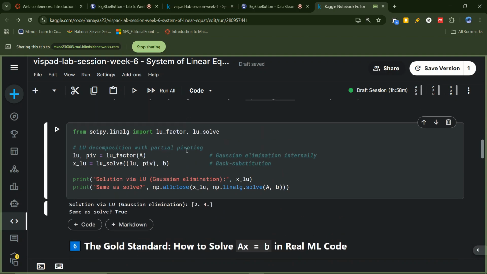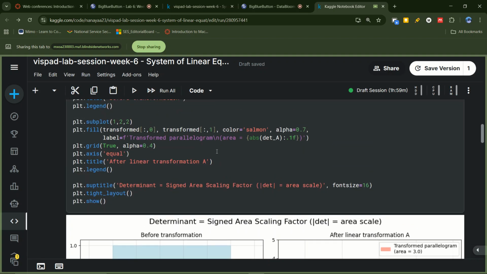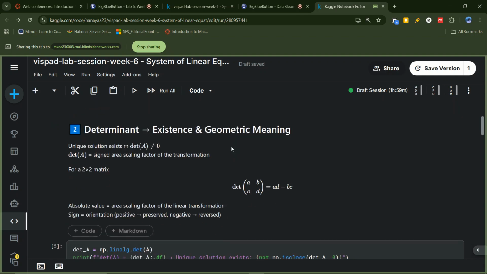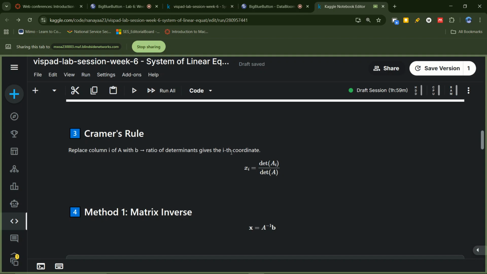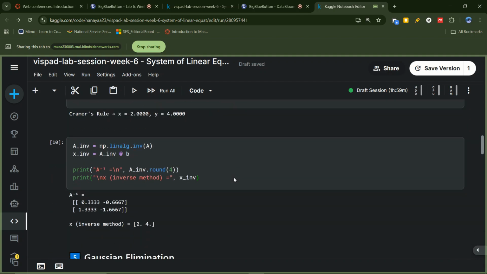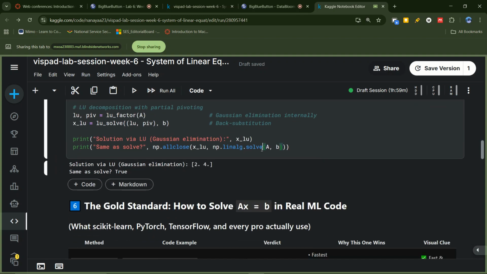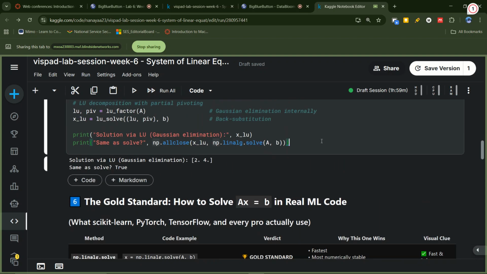And remember, we've used this, the np.linalg.solve, when we were solving using Gaussian elimination.